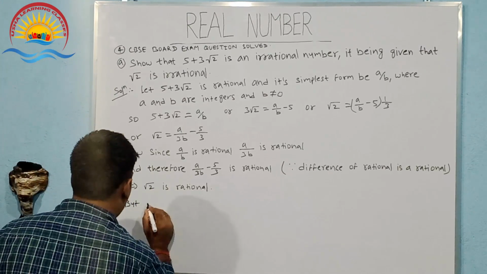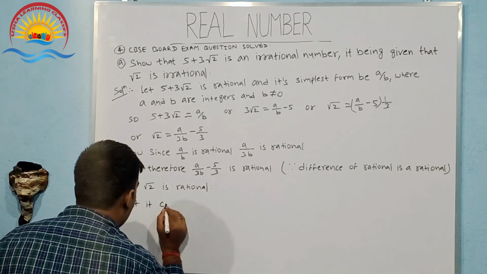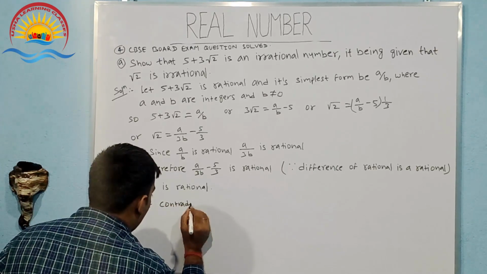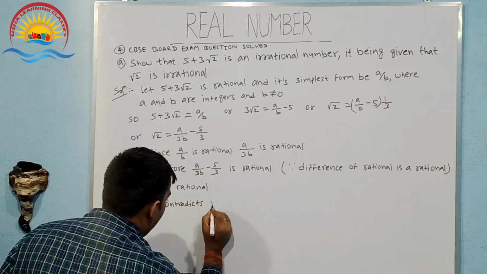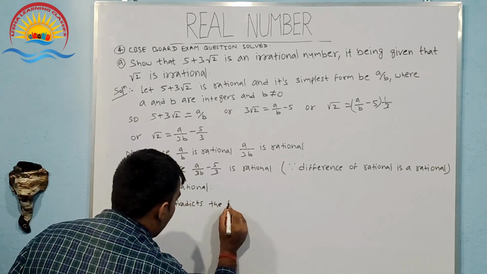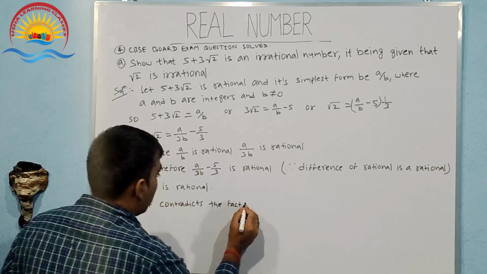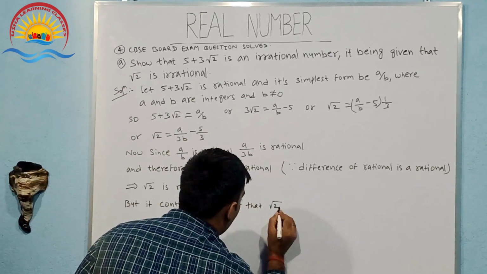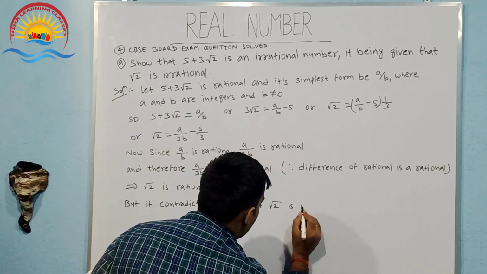But it contradicts the fact that root 2 is irrational.